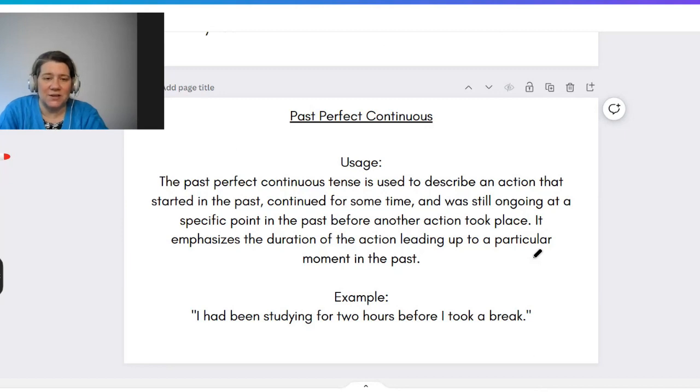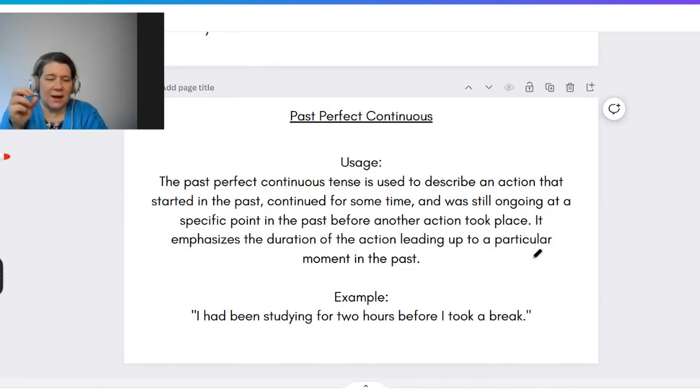Past perfect continuous. Past perfect continuous tense is used when we describe an action that started in the past and continued for some time and was still going on at a specific point in the past before another action took place. Okay?